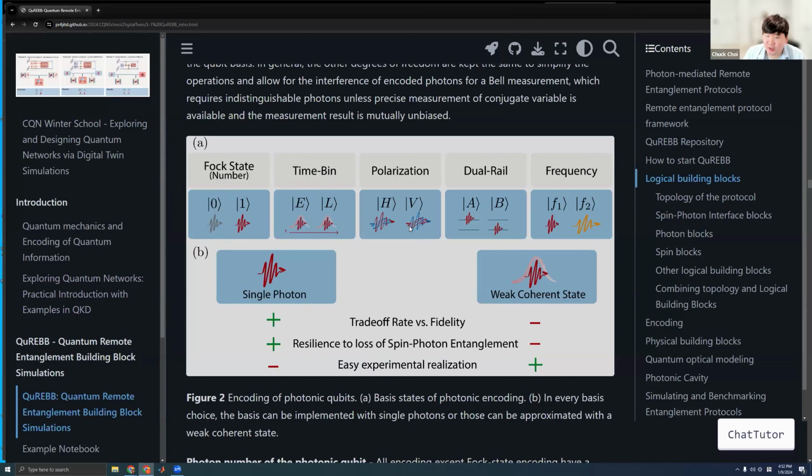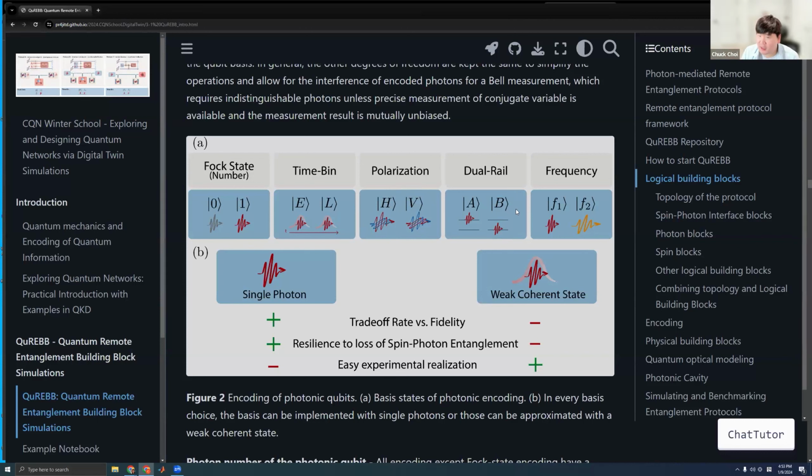We can also choose the polarization basis, whether your electric field is oscillating in the horizontal direction or vertically. Depending on that, you can make it a 0 state and 1 state. You can also choose circular polarization, the clockwise rotation as a 0 state and the anti-clockwise rotation as a 1 state. You can choose any polarization basis for your implementation.